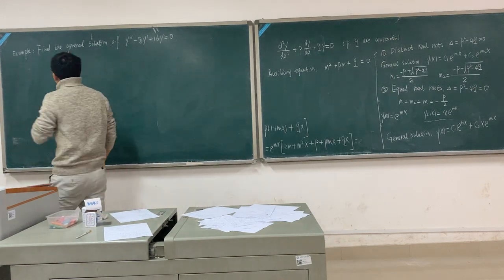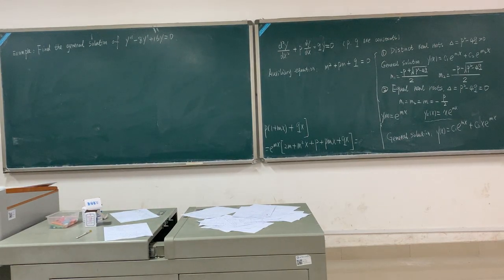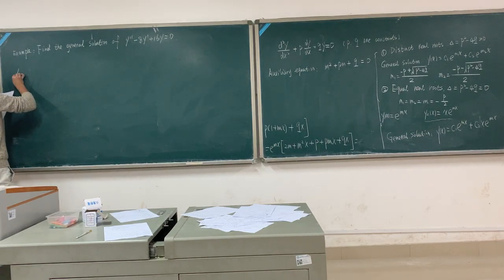Find the general solution of y double prime minus 8y prime plus 16y equal to 0. First, it's the same: we need to find the auxiliary equation.